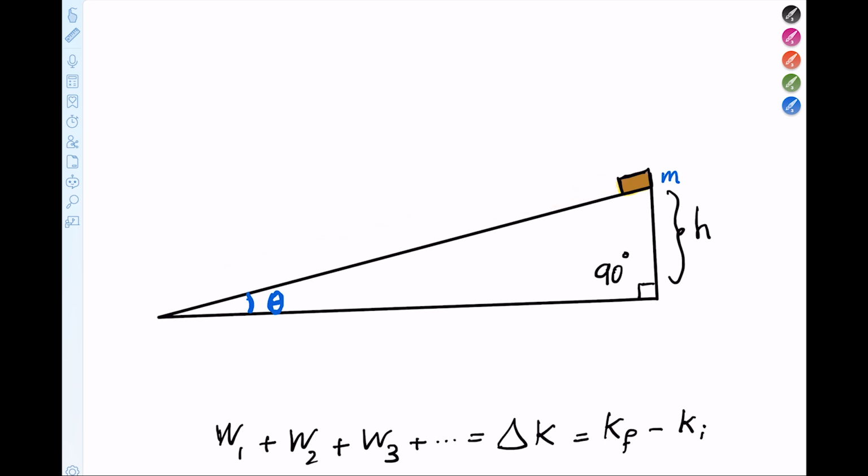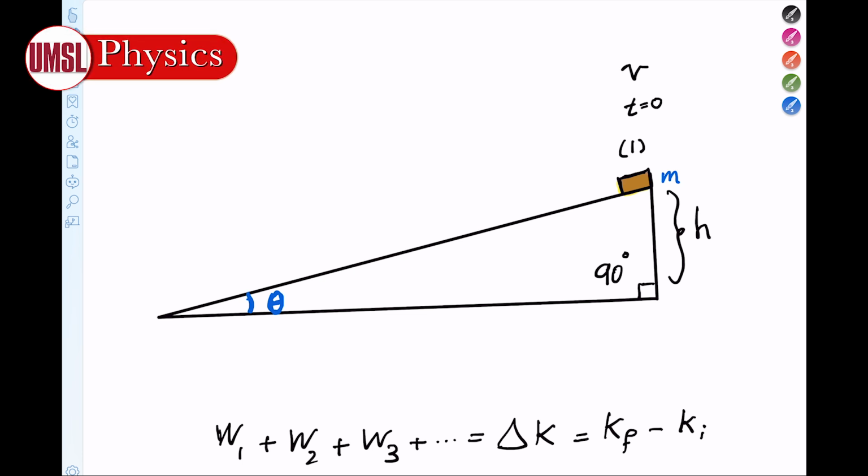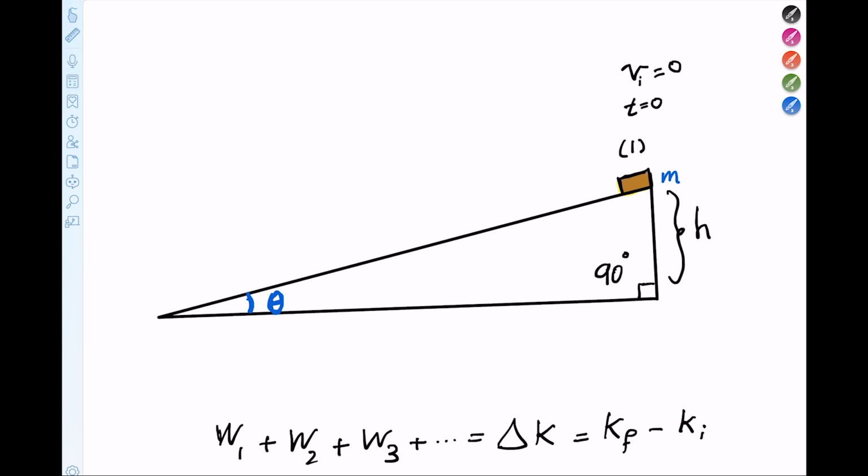Initially, the glider is located at point 1, which is all the way up there. You start the time from 0. You let the glider go from point 1. We're not pushing it, so it's being released from rest.